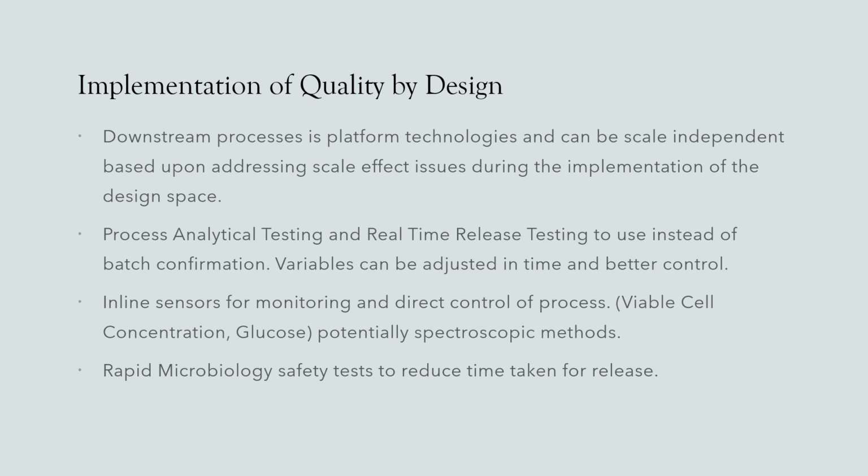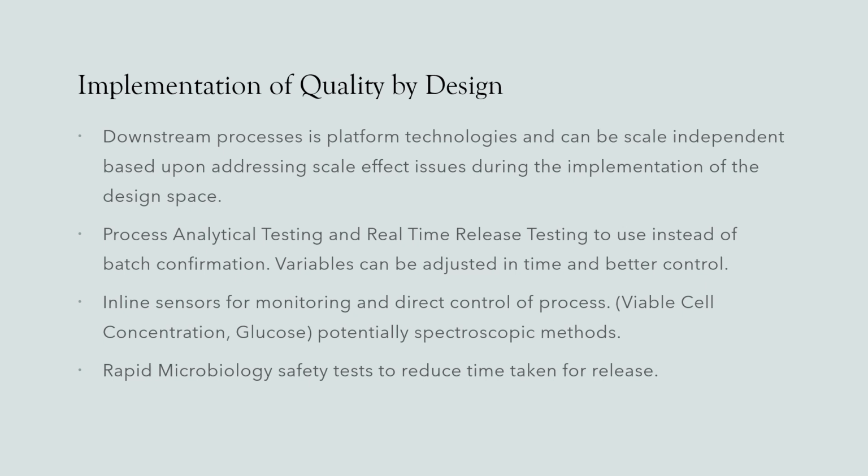Process analytical testing, this is where you test during your manufacturing process, and then you better control and adjust, and you know, it's a better way of monitoring rather than depending upon confirmation at the end, although we do in-process control testing. The use of inline sensors for monitoring and direct control.